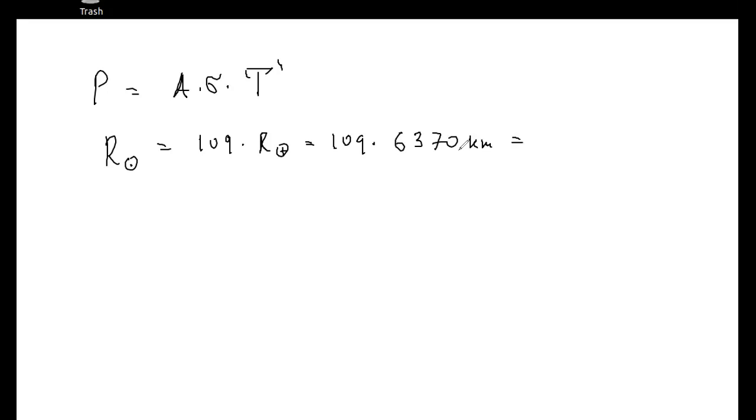Let me say 1, 2, 3, 4, 5 digits here, plus kilometers to meters, plus 3, so 10 to the power 8. Am I wrong? So I would say 10 to the power 8 meters.